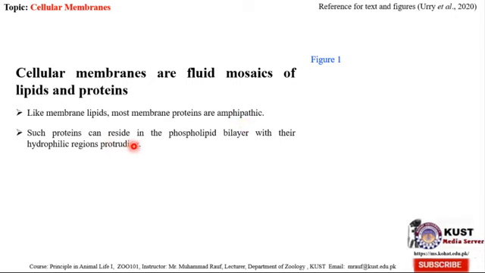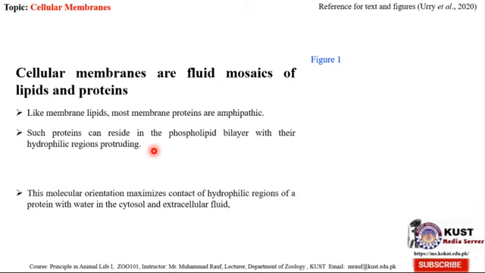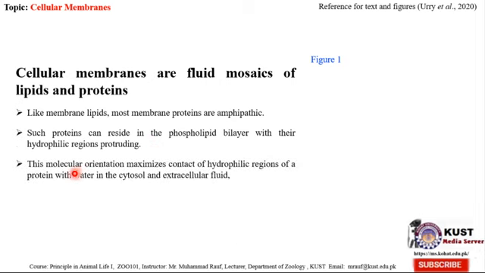Such proteins can reside in the phospholipid bilayer with their hydrophilic regions protruding outward. This molecular orientation maximizes contact of hydrophilic regions of a protein with water in the cytosol and extracellular fluid, while providing their hydrophobic parts with a non-aqueous environment.